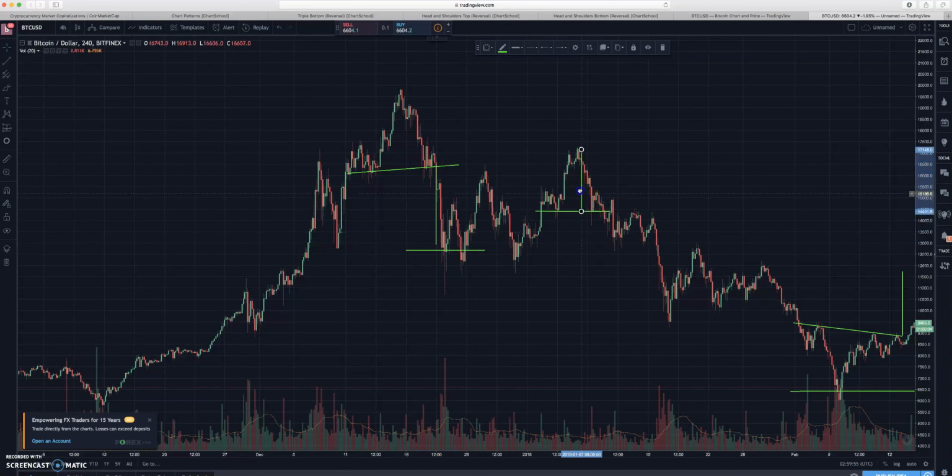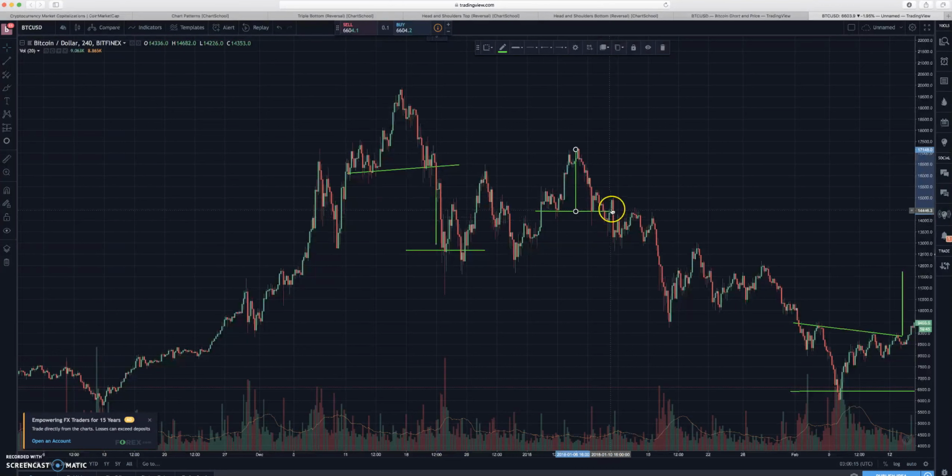The same sort of thing happened here. We have another head and shoulders reversal pattern going here. We had a clear uptrend. We made this left shoulder. We bounced off this support. We jumped back up to make the head. We came back down, hit this support line, jumped back up, and then look what happened. We sliced through this like butter.